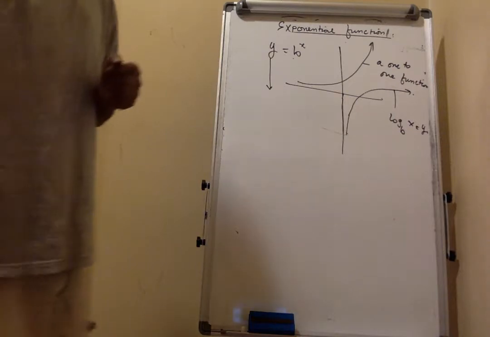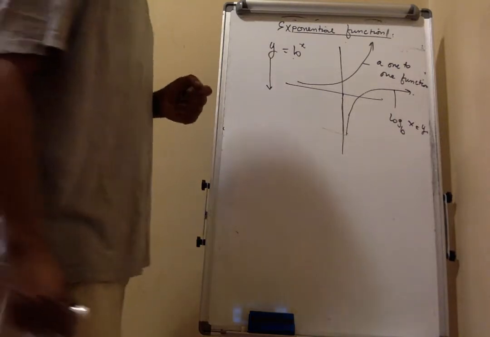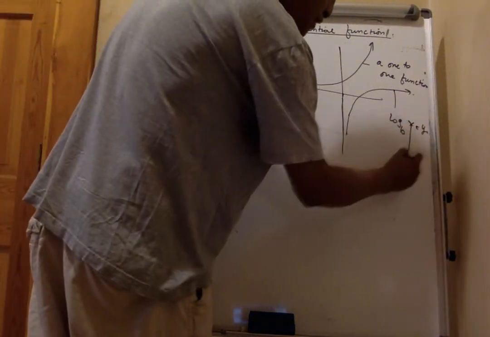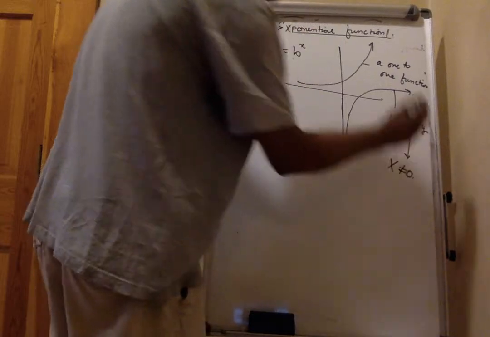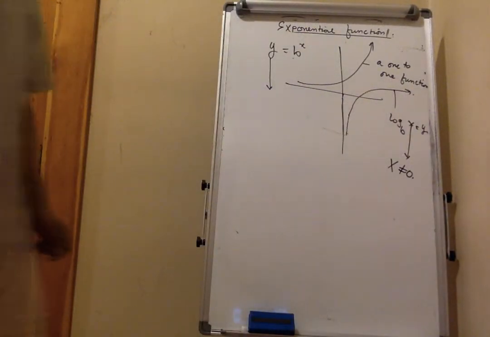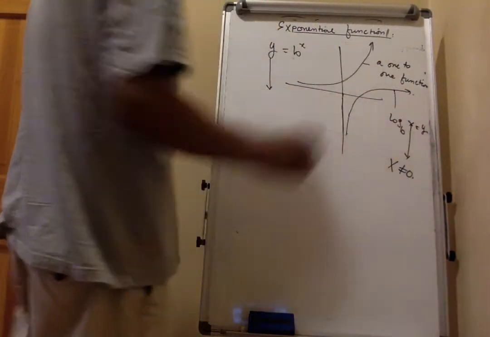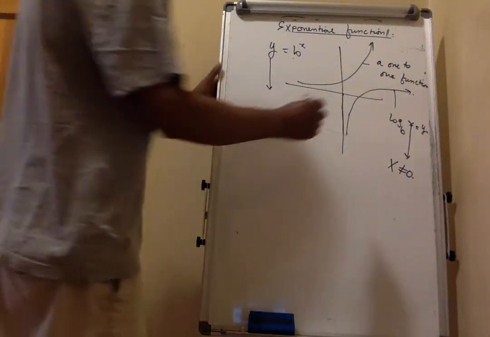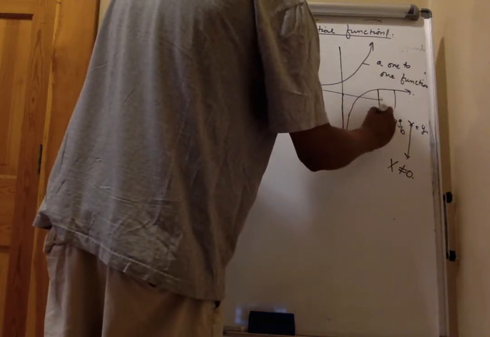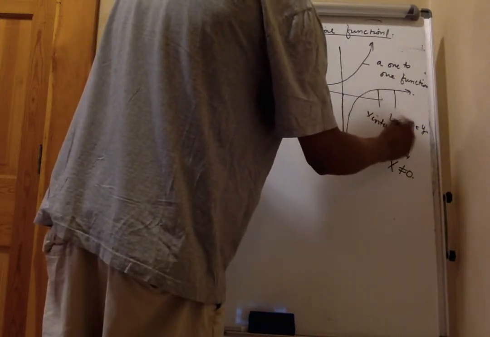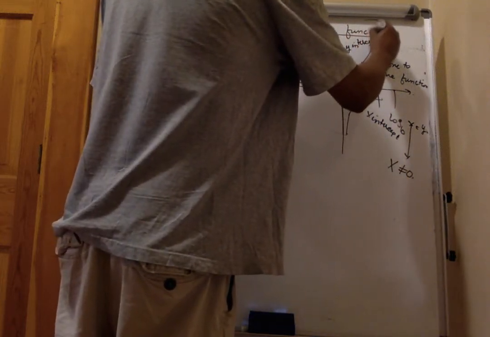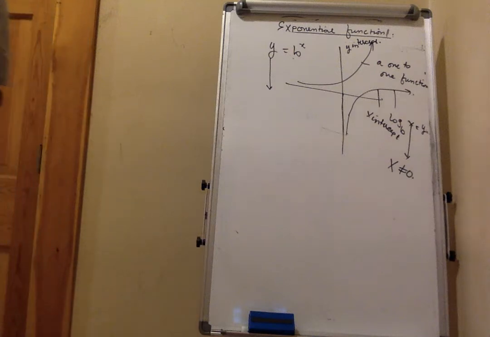The logarithm function has no y-intercept. So this x cannot equal 0, because there is no b raised to the y which gives us a 0. Therefore, this one has no y-intercept. This one has an x-intercept. And this one has a y-intercept.